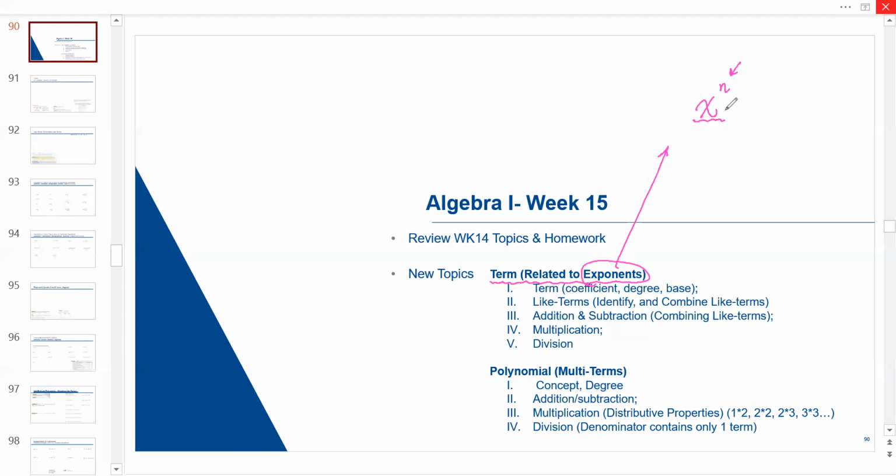If there's only one variable, there's the power rule. We also have the division rule, the quotient rule.